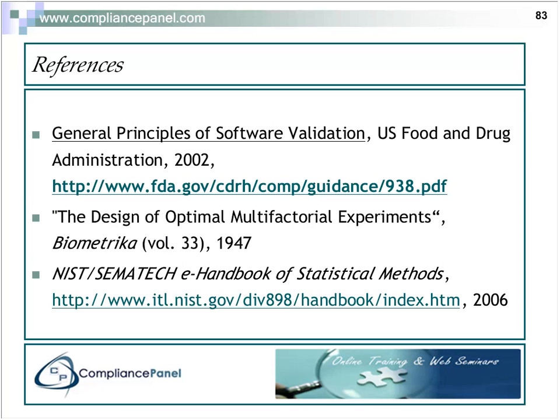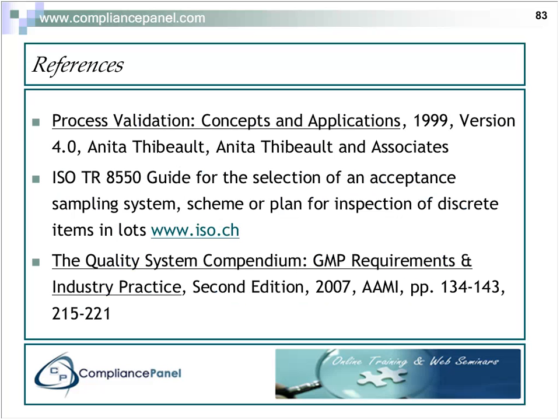There's an online source of statistical methods, which is a handbook that's actually online, and it was published by the National Institute of Standards and Technology, and it's got a lot of good stuff in it. I would recommend that as well. Anita Thibault's book, ISO TR 8550, helps you use acceptance sampling plans properly.